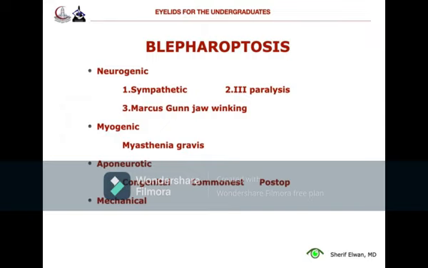By neurogenic ptosis, we mean sympathetic affection, like Horner's syndrome, unilateral lesion affecting the sympathetic supply of the Müller's muscle.